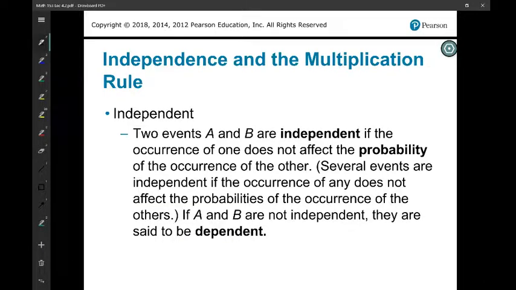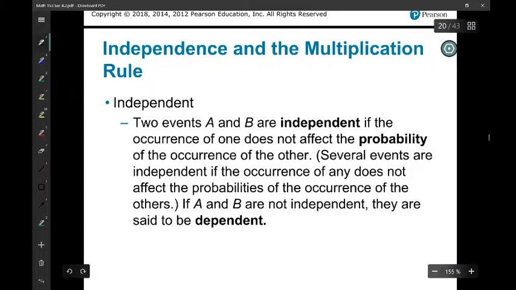Independence. So two events, A and B, are independent if the occurrence of one does not affect the probability of the occurrence of the other. Several events are independent if the occurrence of any does not affect the probabilities of the occurrence of the others. So if A and B are not independent, they are said to be dependent.